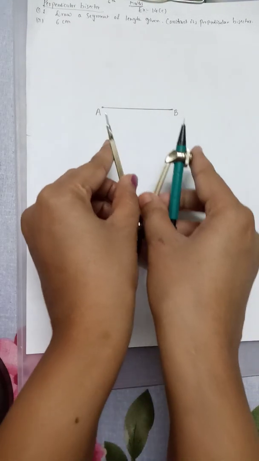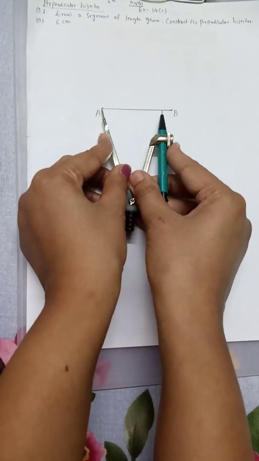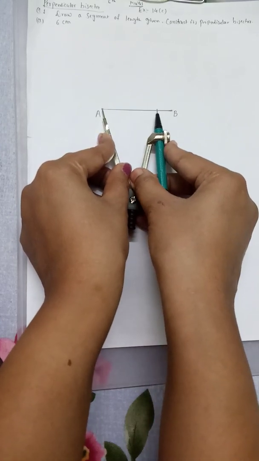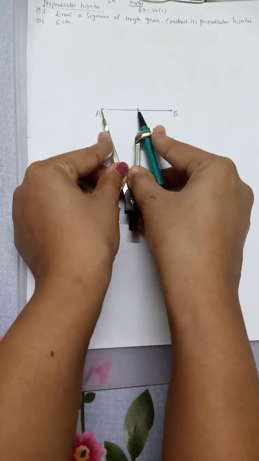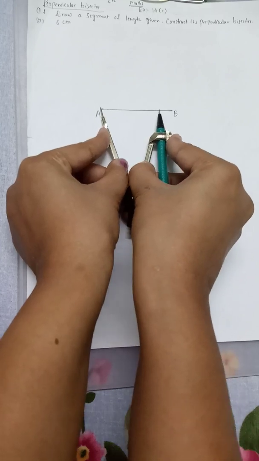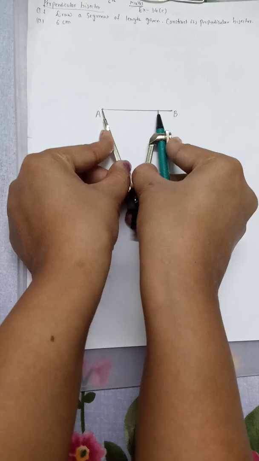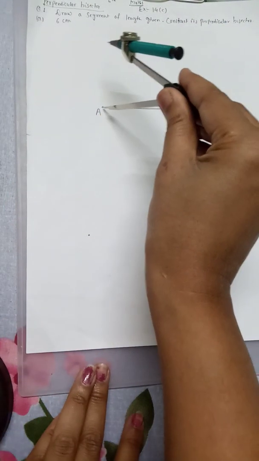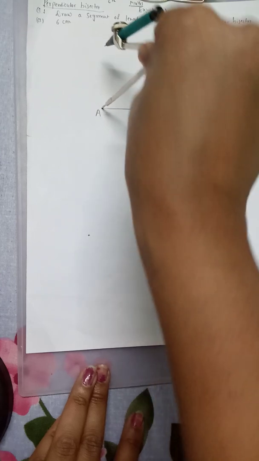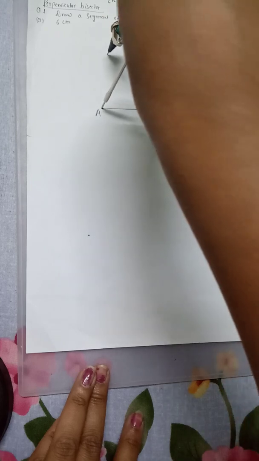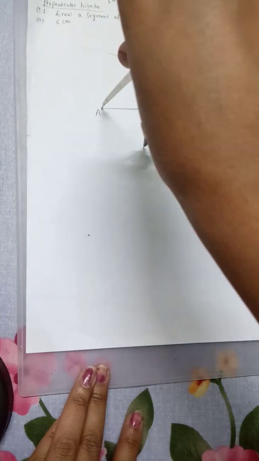First of all, we have to take the compass and pencil this way, and then we will open the compass to more than half the length. This is your half; more than half means a convenient radius like this. Now with A as the center, put your compass at A and draw one arc this way, upside and downside.